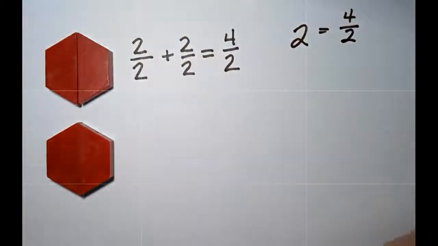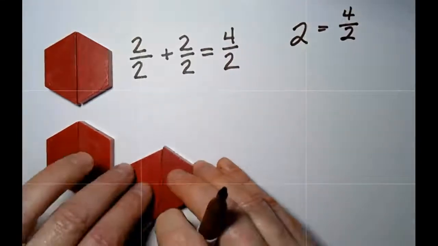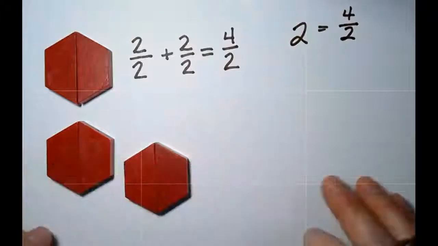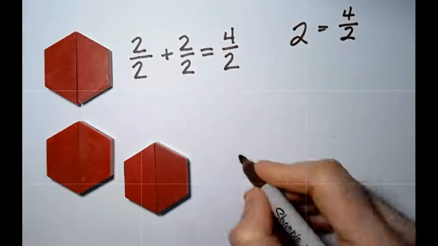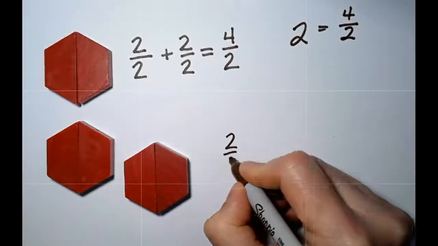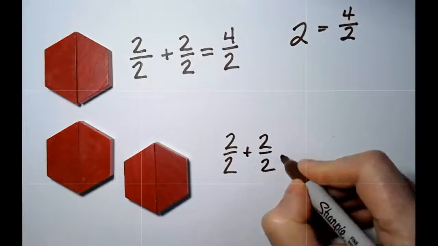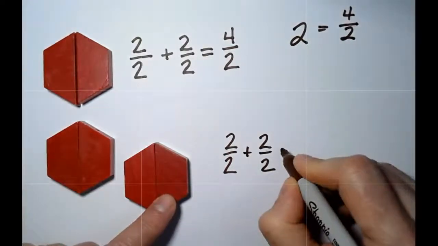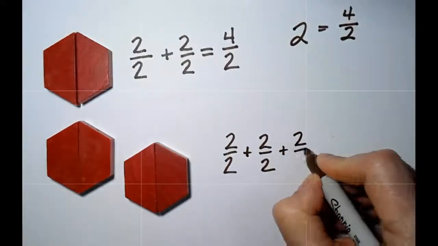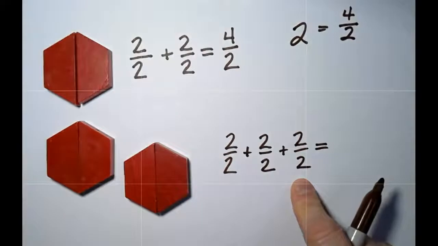I could add another shape. Let's see if our pattern is consistent. Okay, there's another one. And again, now I have 1, 2, 3 wholes. I have 1 whole, 2 out of 2, and again 2 out of 2, which is 1 plus 1 plus 1 is 3.